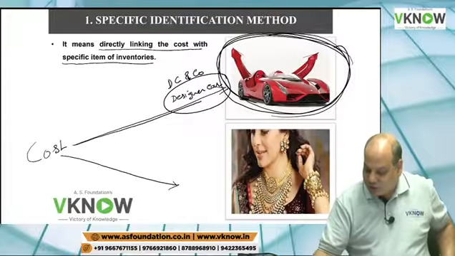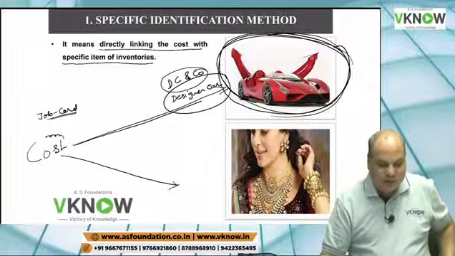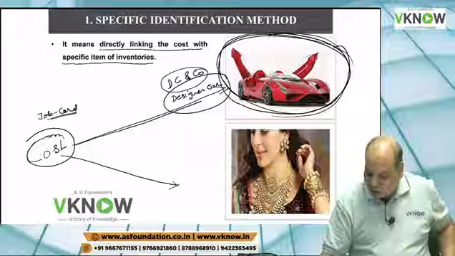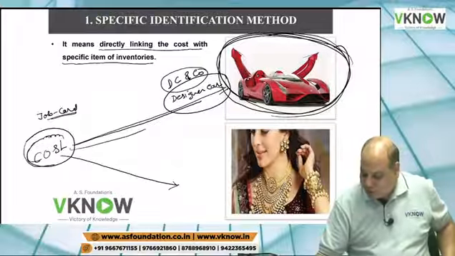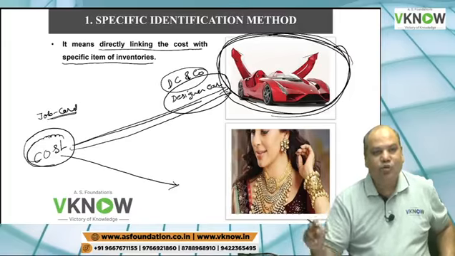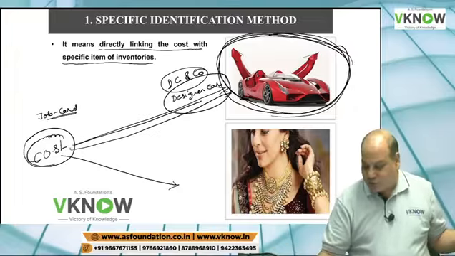So what will this DC company do? DC company will maintain a job card, and all the cost they are going to incur in manufacturing this car, they are going to allot to this car only. Okay, so there may be some other customer also.